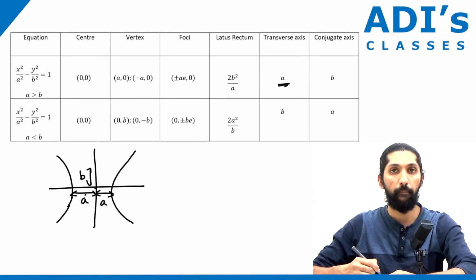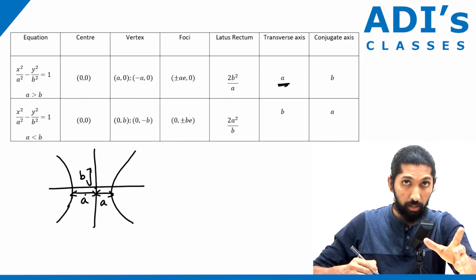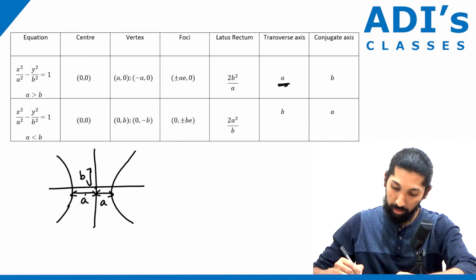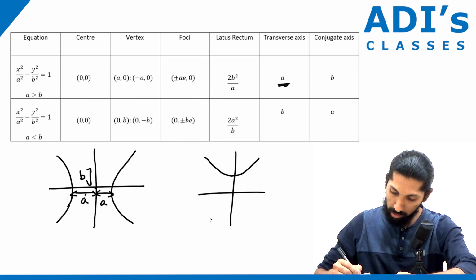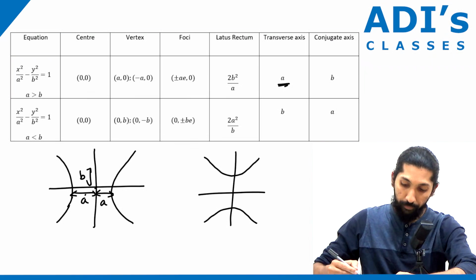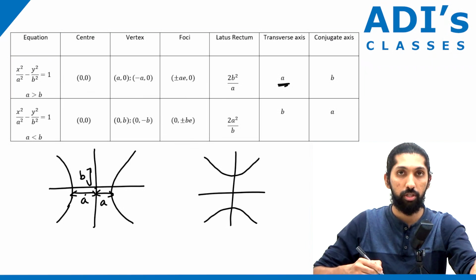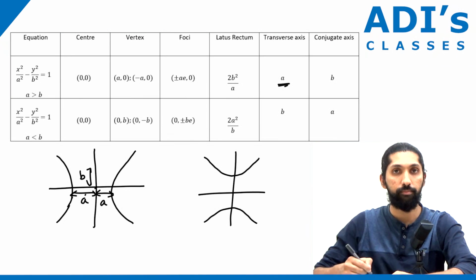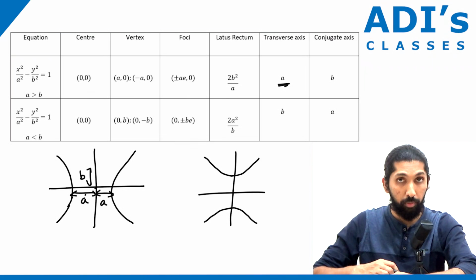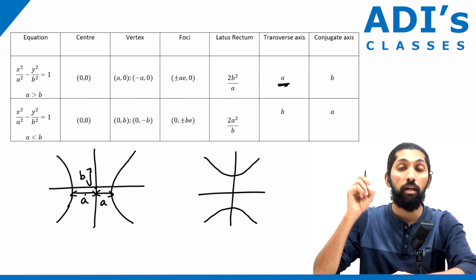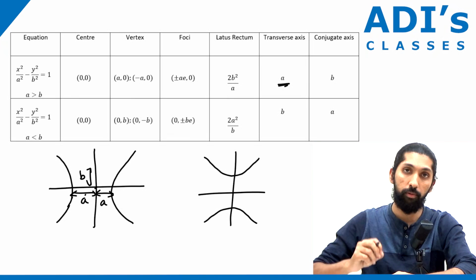This is b. Same thing if it's a conjugate hyperbola. That means if the hyperbola is something like this, then the whole thing is going to change, which is given by the second equation. Clear? So these are the equations for the hyperbola, or you can also say these are the parameters for hyperbola.